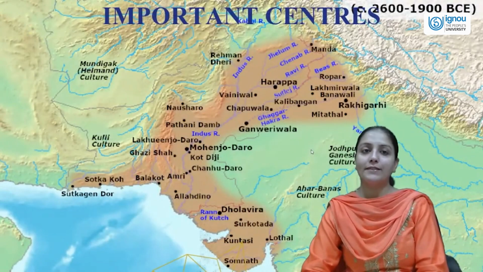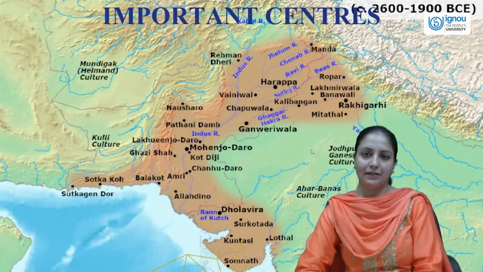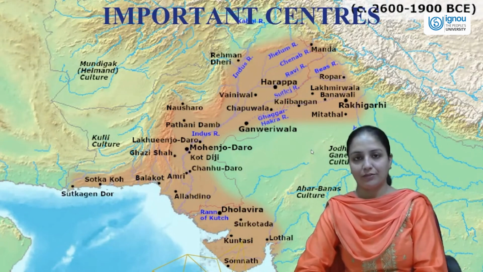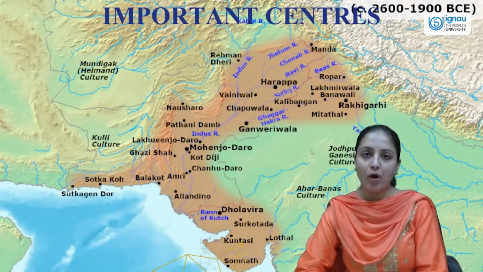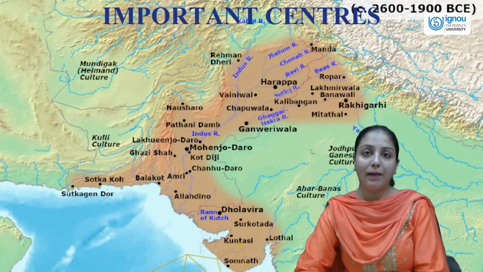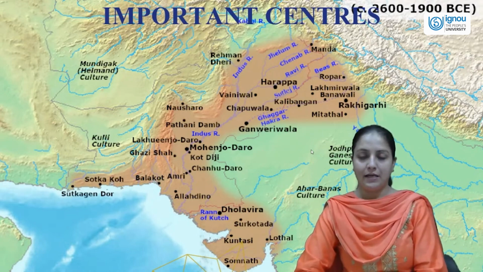Next, you can see on the screen the important centers of Harappan Civilization. Very important. The two main big cities are Harappa and Mohenjo-daro.